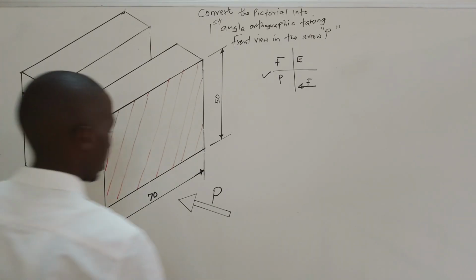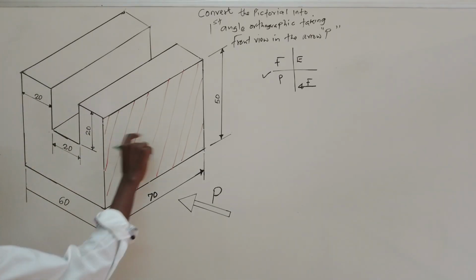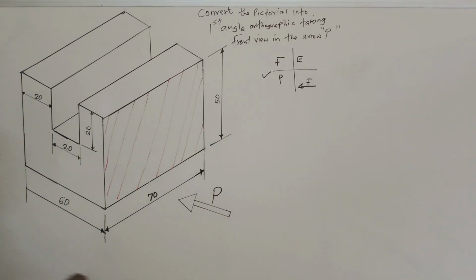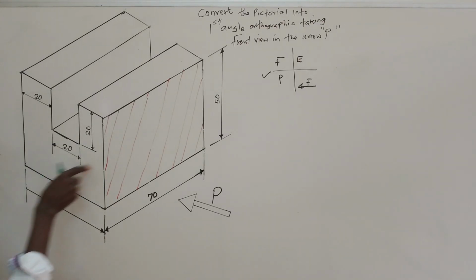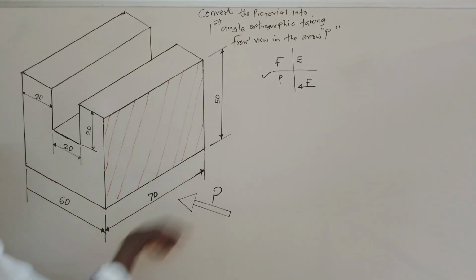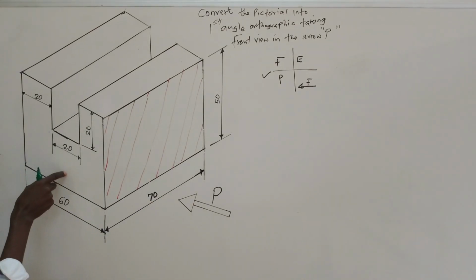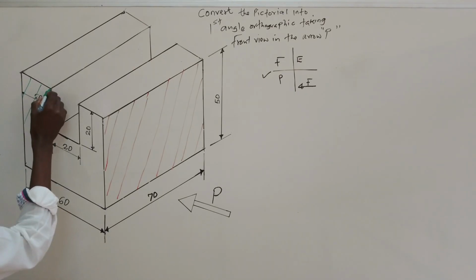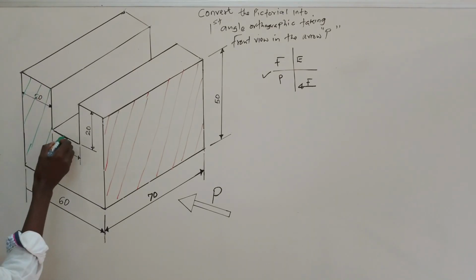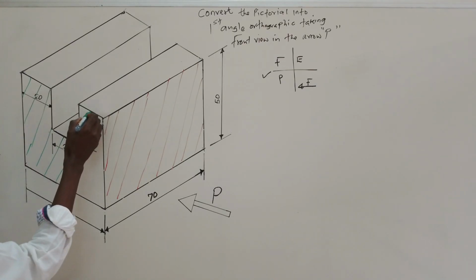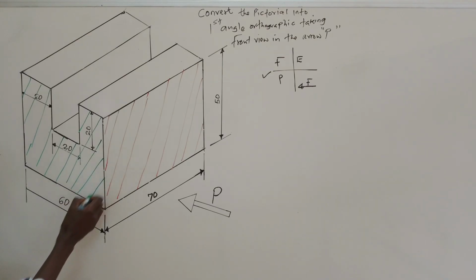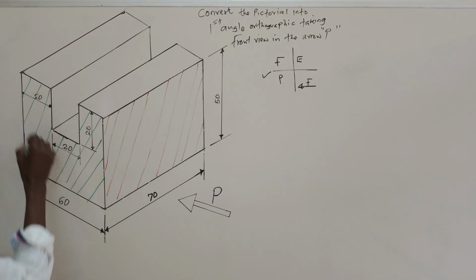Let me now mark the end elevation. If you turn back from the front elevation to this side, that is the end elevation. From front to this side will be the front elevation, so it will take the shape which I've marked in green color.